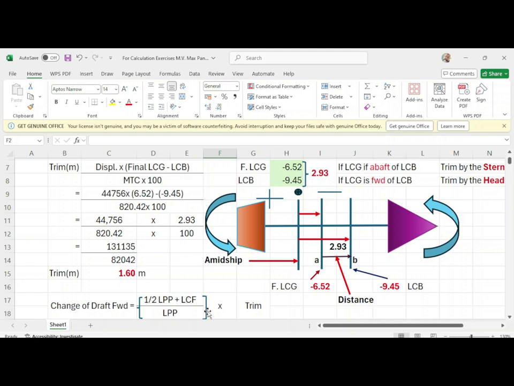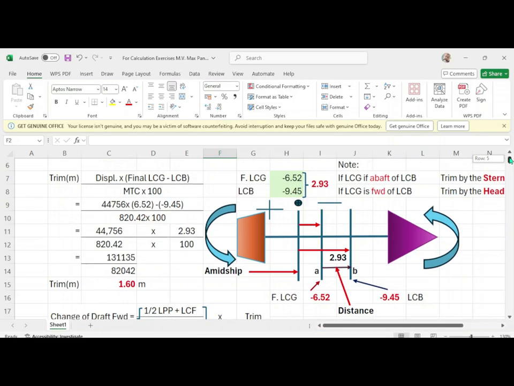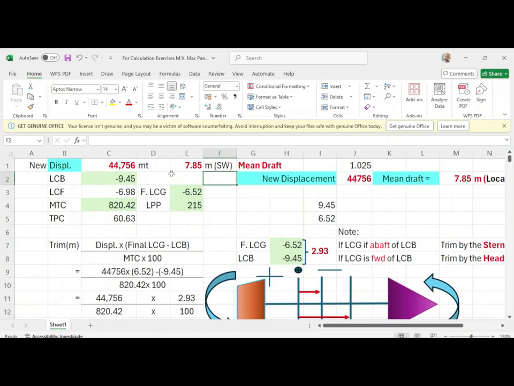Now we go to the problem. Since we have this mean draft, we will look for LCB, LCF, MTC, and TPC.